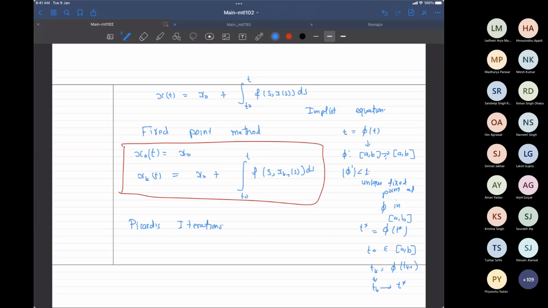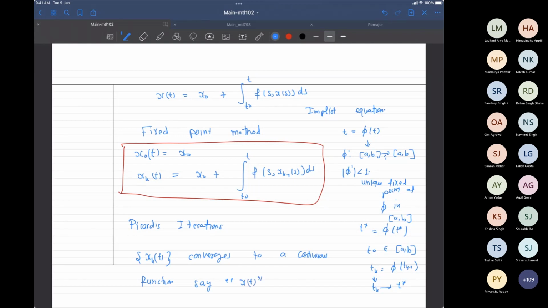Now what is our aim? Our aim is to show that this sequence of functions converges to a continuous function, let's say x(t).